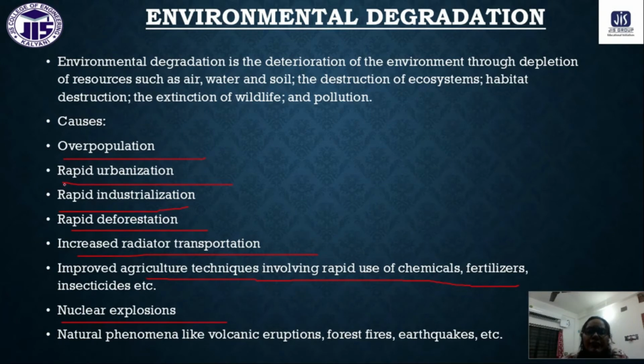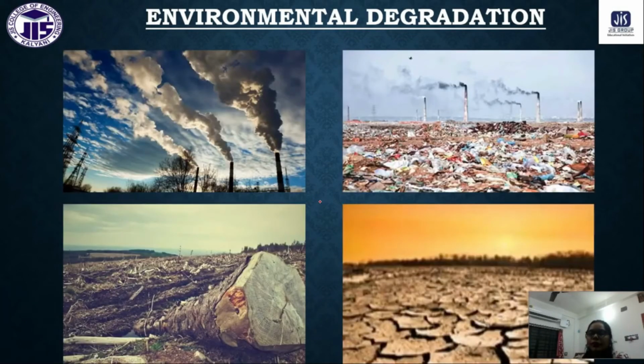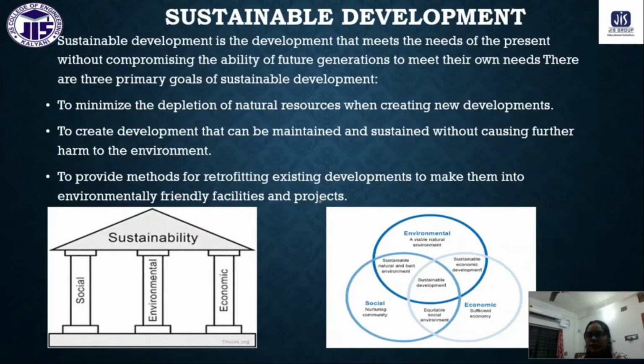Okay, so these are some of the causes for which day by day the environment is getting degraded and polluted. So you can see these are some pictures I have given you, showing how the environment is degraded, how the environment is getting polluted by our activity.